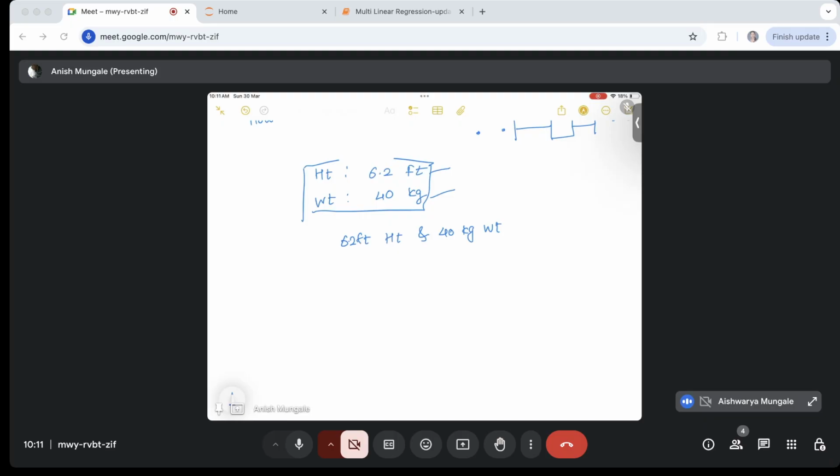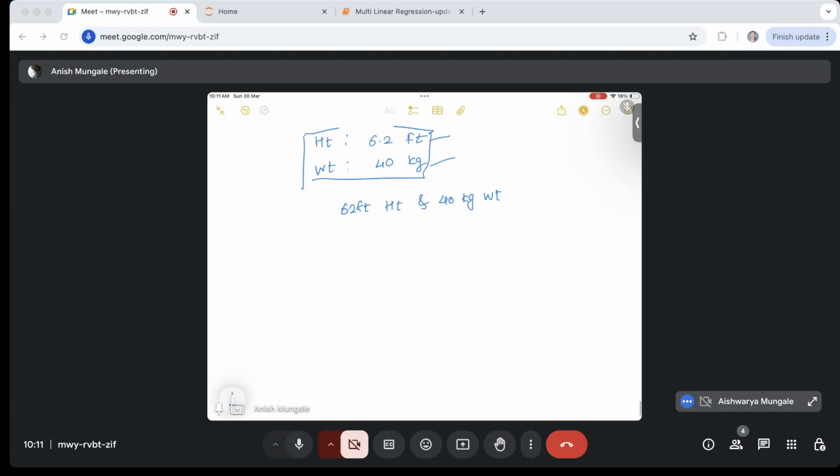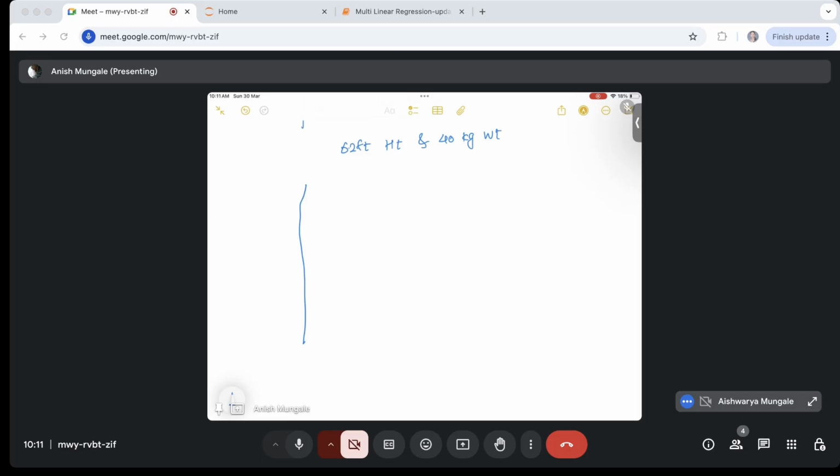So with multiple variables, the box plot can't help. That's why we want to come up with a better metric, or a better way of finding outliers. Let me take one example.